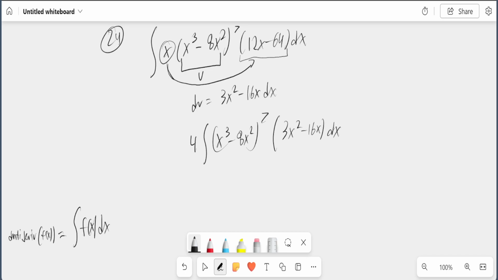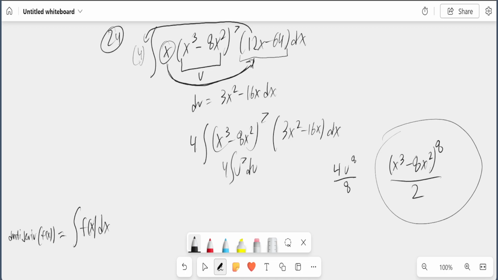So what I did was I moved the x into it, and then I pulled out a 4. And now it's u to the 7th du times 4. So that would be 4 u to the 8th over 8, which is x cubed minus 8x squared to the 8th over 2 plus c.